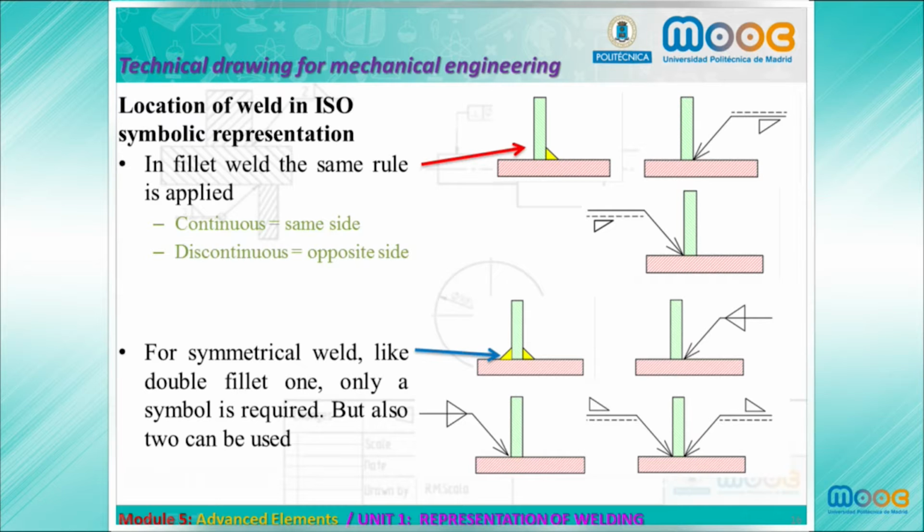That is, continuous line means same side, discontinuous line equals opposite side. These representations are equivalent. If we are using a symmetrical weld, like a double fillet one, only one symbol is required, but we can also use 2 symbols, one for each side.